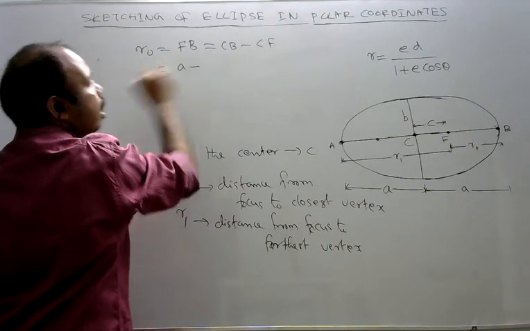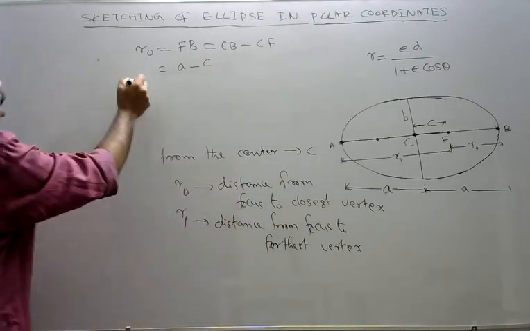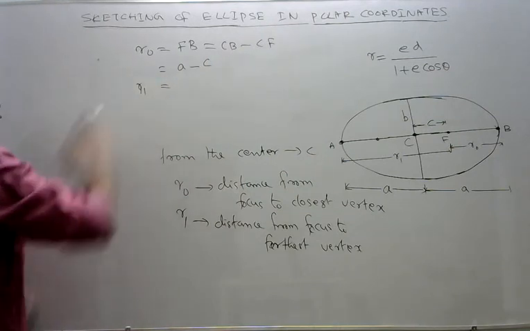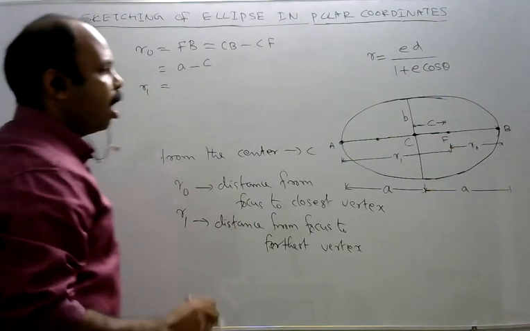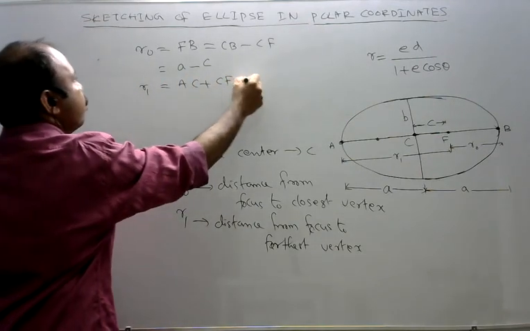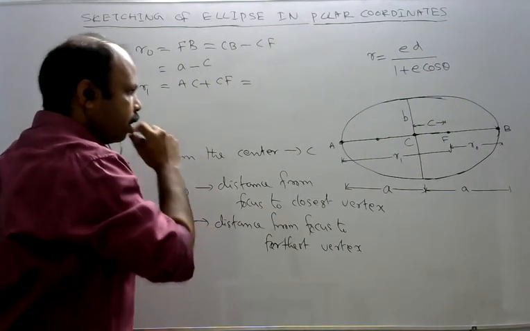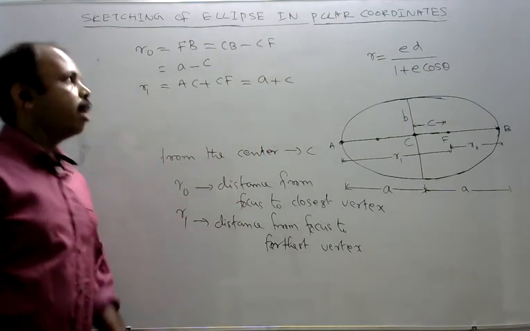CB is A, so R0 is A minus C. Similarly, R1 equals AC plus CF, which is A plus C. Okay.